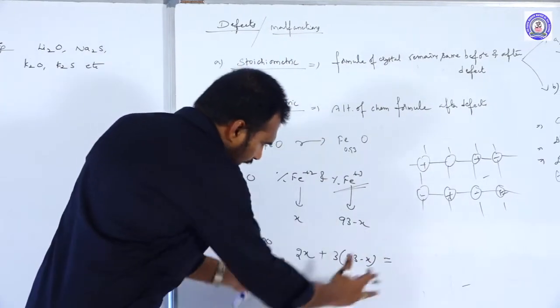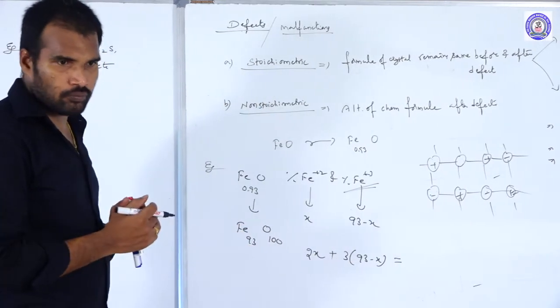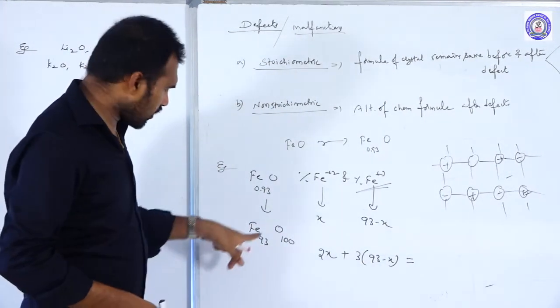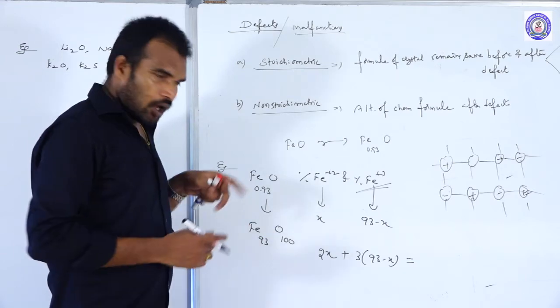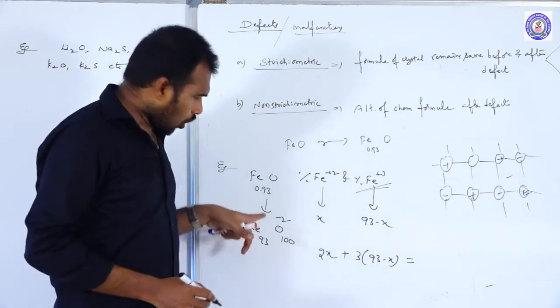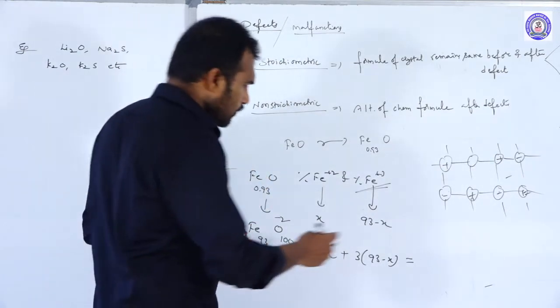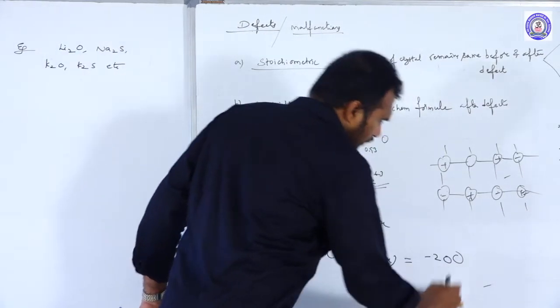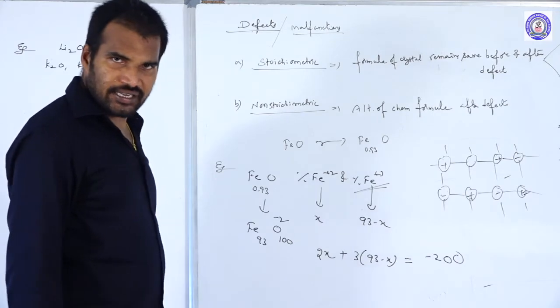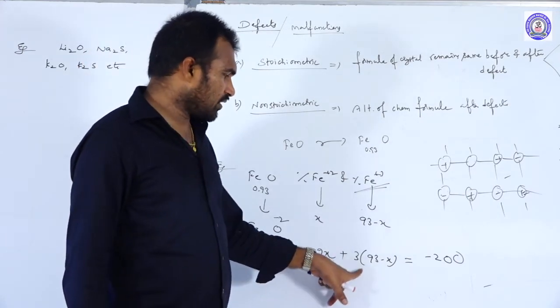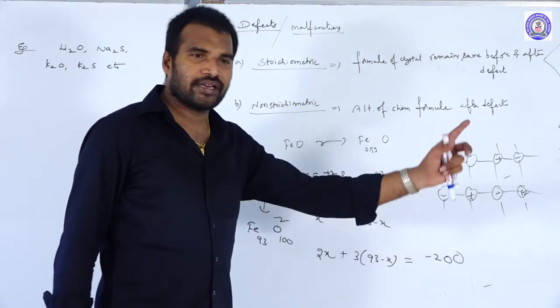This is the total magnitude of positive charge, and it is equal to the negative charge. Now come to the anions. What is the anion here? Oxide, which has a minus 2 charge. How many oxygens are there? 100. 100 into minus 2 is minus 200. Clear? 2X plus 3 into (93 minus X) is equal to 200.